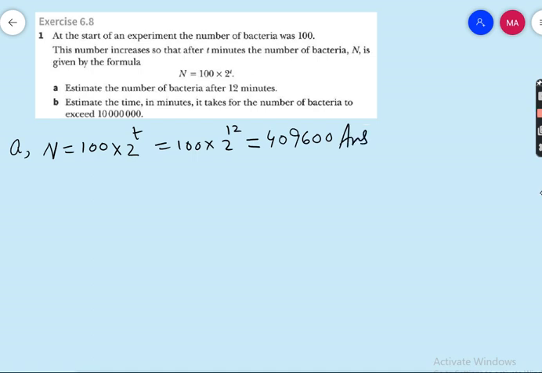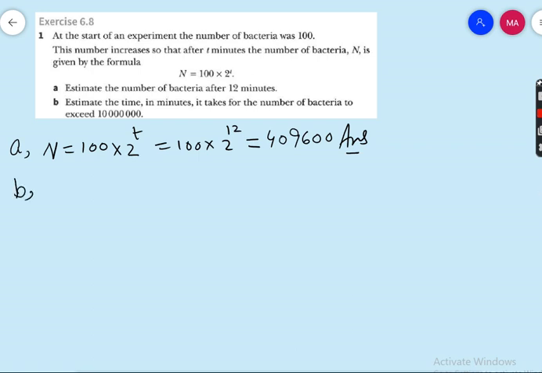This is the answer of part A. The number of bacteria after 12 minutes is 409,600. Hope you understand part A.